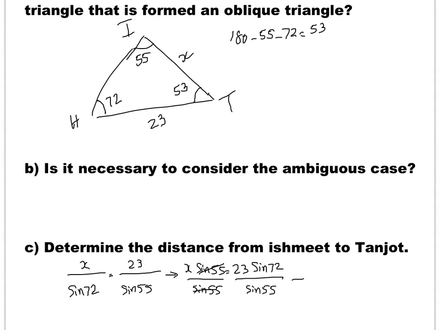If we use the calculator, we get this is approximately 26.7. So this means that x is 26.7 meters, or the distance between Ishmeet and Tanjot is 26.7 meters.